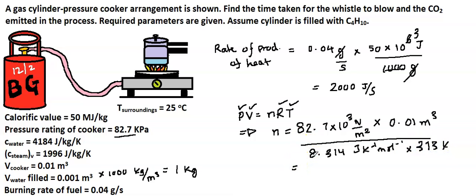So let me see how much is this. It's 82.7 thousand times 0.01 divided by 8.314 divided by 373.